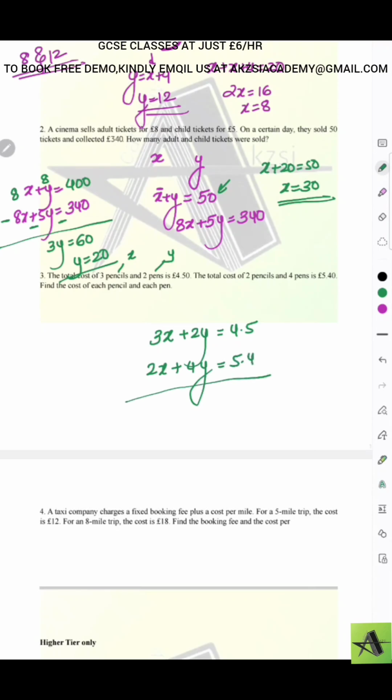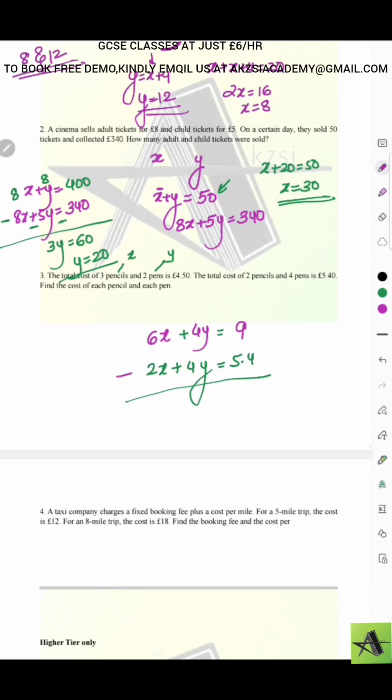And now we have to find, so it's easier to make y the same. For that I just need to multiply this with 2, this with 2, and this with 2. In doing so, this will become 6x. So that will be 6x. This will become 4y. So that will be 4y. And this will become 9.